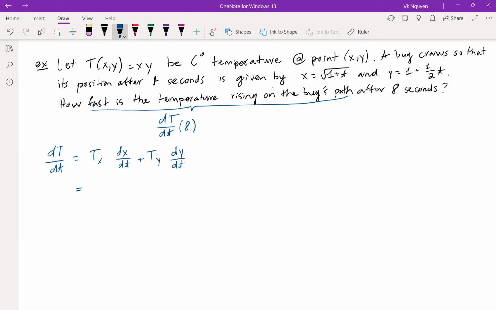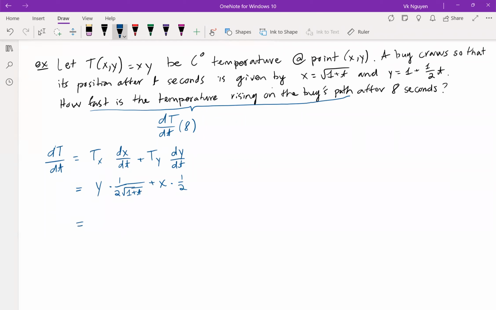So Tx is going to be y, dx over dt is going to be a half of 1 over root of 1 plus t. Ty is x, dy over dt, that's going to be 1 over 2. Right.